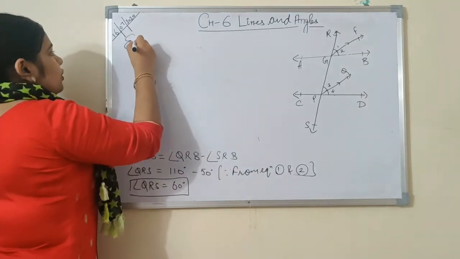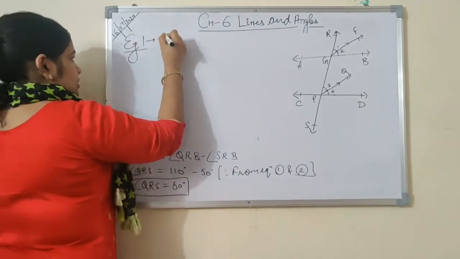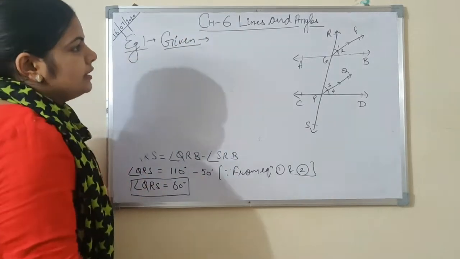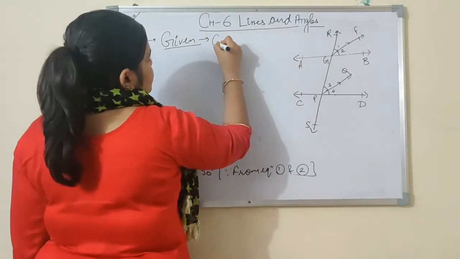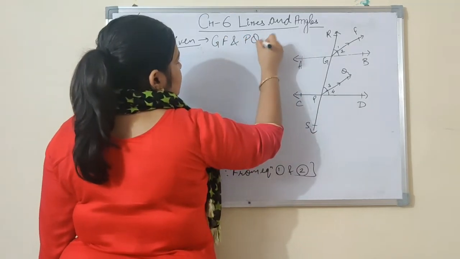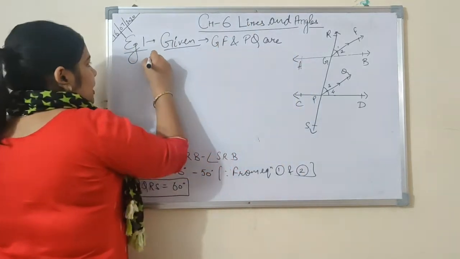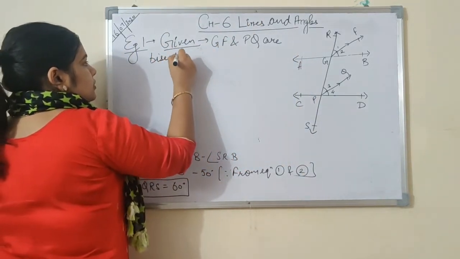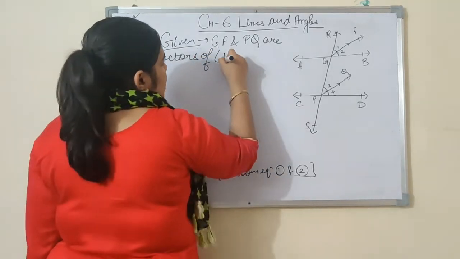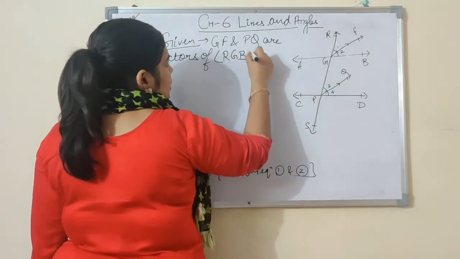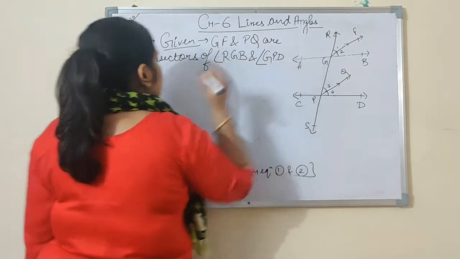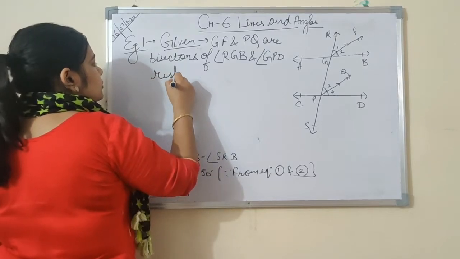Now, first of all, what is given to us? Given is that GF and PQ are bisectors of angle RGB and angle GPD respectively.